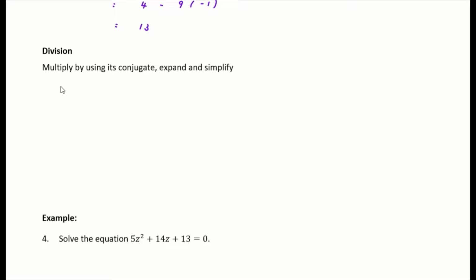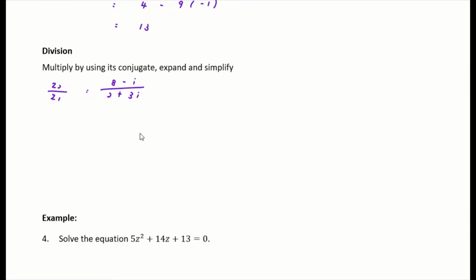Same thing. We use z2 divided by z1. So here we have 8 minus i over 2 plus 3i. You'll realize there's nothing you can do directly, just like if you have 1 over 4, you do not have anything to do.